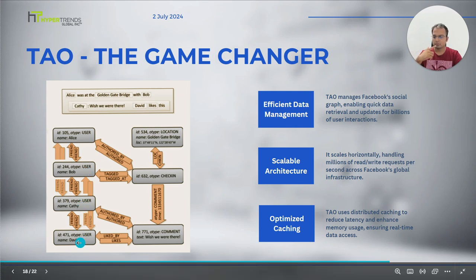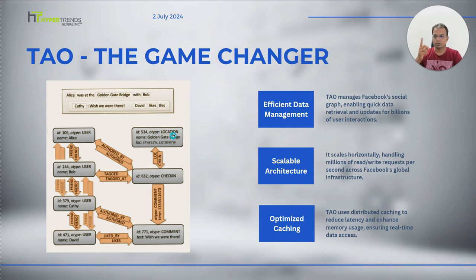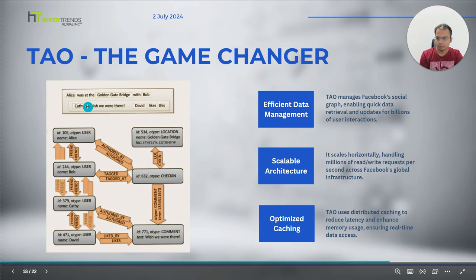Kathy is a user object. David is a user object. Again, the Golden Gate Bridge is a location object. Then David likes this, basically that is a check, right? When it is a like, that is another object.